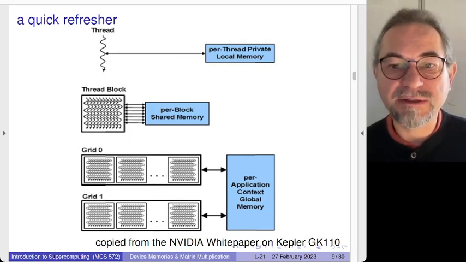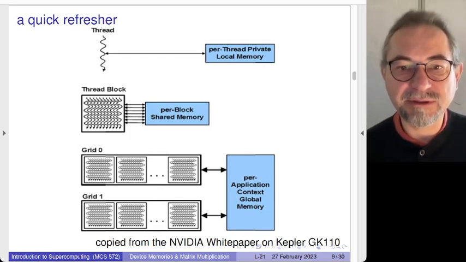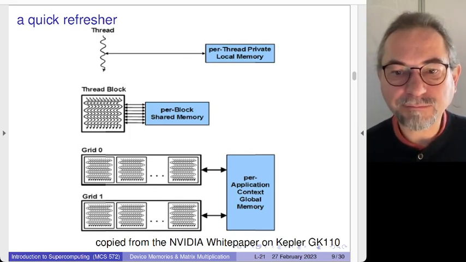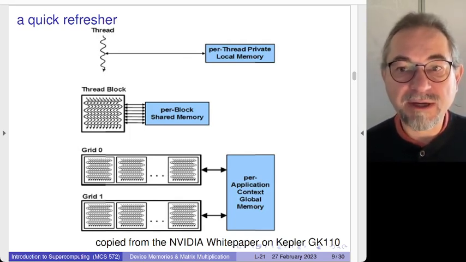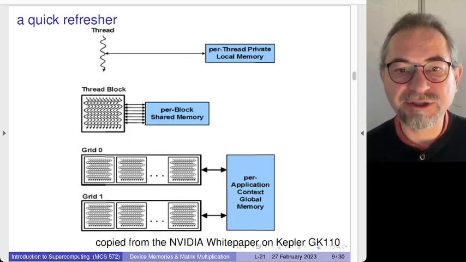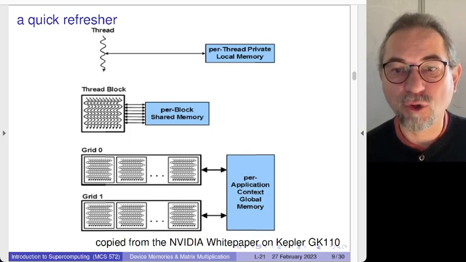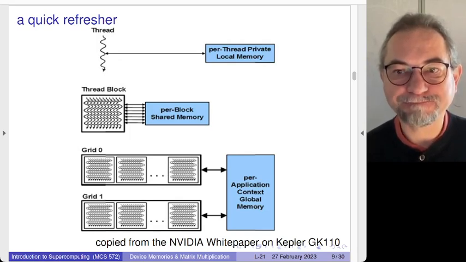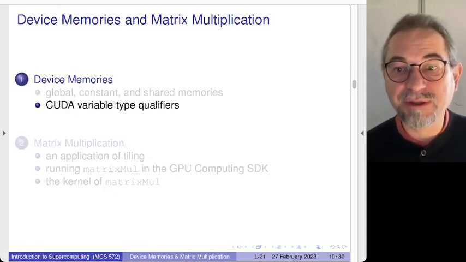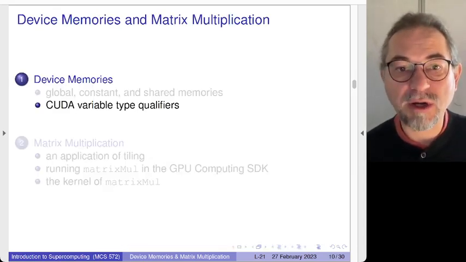Okay, so here is a summary. I copied this from the white paper on Kepler. We have three different memories: the registers per thread, then the shared memory per block, and then per grid the global memory. So how do we use these memories as programmers?